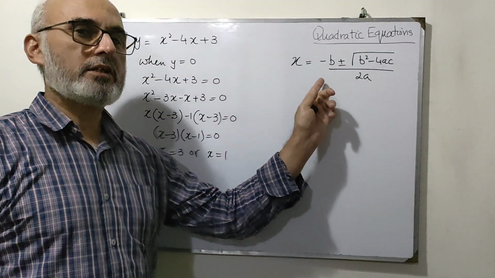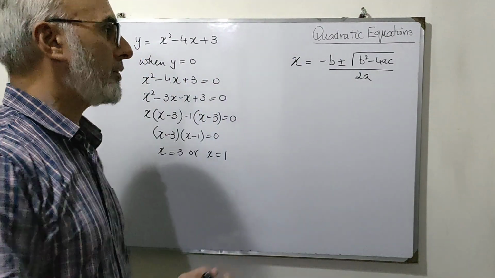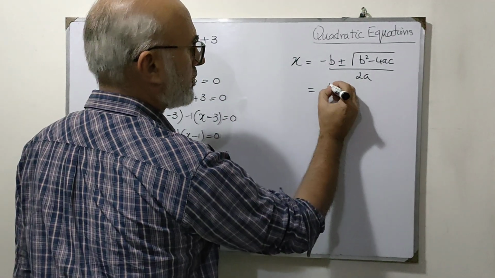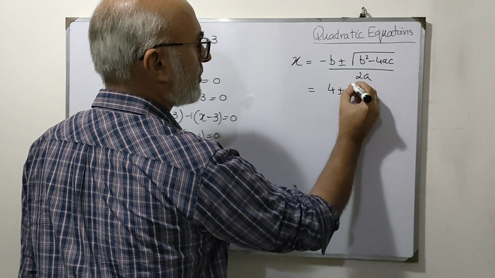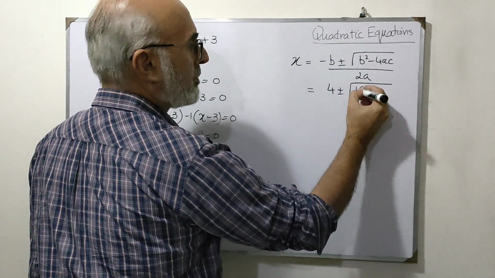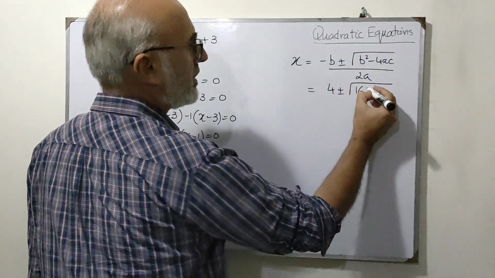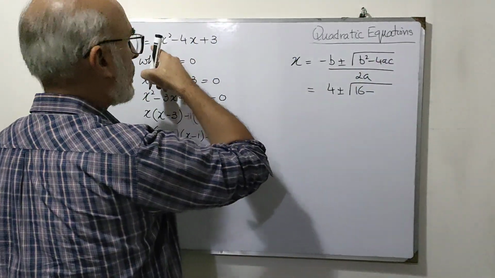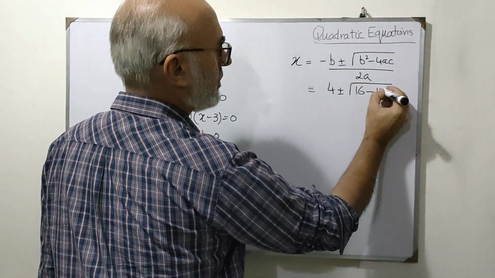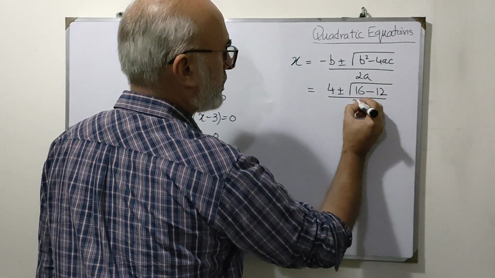So if we apply the same values over here, what are we going to get from here? Okay, what is b? Minus 4, and minus minus is plus. So 4 square is 16, minus 4ac, which is 4 times a which is 1 and c which is 3, so minus 12, over 2.